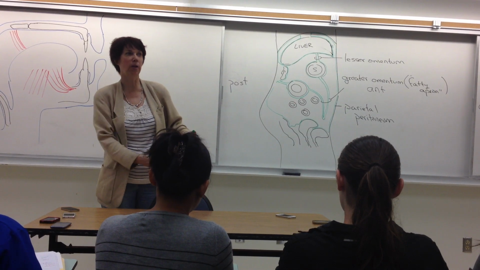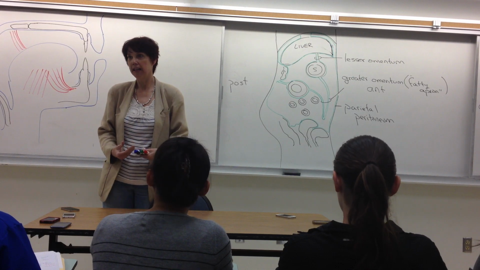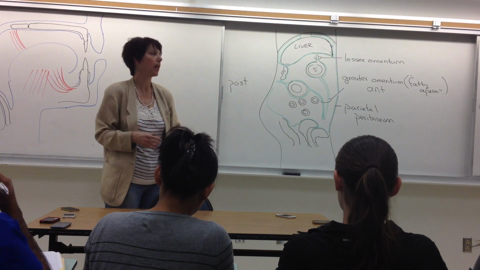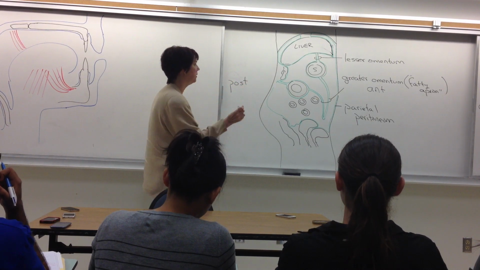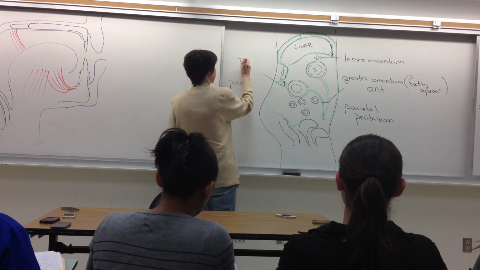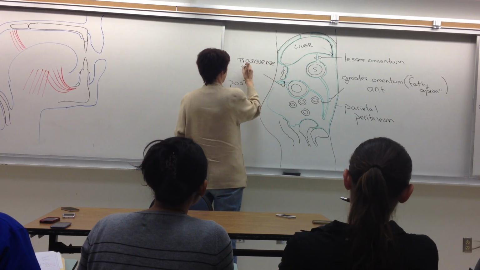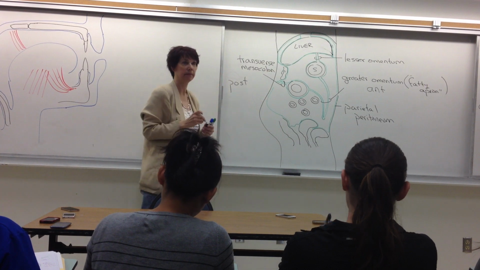And then the sigmoid colon, that makes kind of a double S curvature to get to the rectum, is intraperitoneal again. Okay, so that's what I mean by every other segment. So we're looking at the transverse colon here. It is intraperitoneal. And so this structure is identified as the transverse mesocolon.